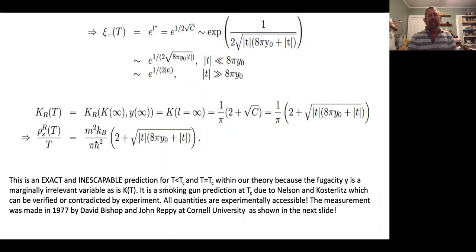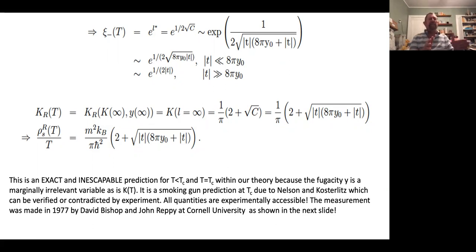They cannot converge. But this is a different perturbation expansion because it's in this marginally irrelevant variable y, which tends to 0 at TC and below TC, and therefore the perturbation expansion actually has a chance of converging.